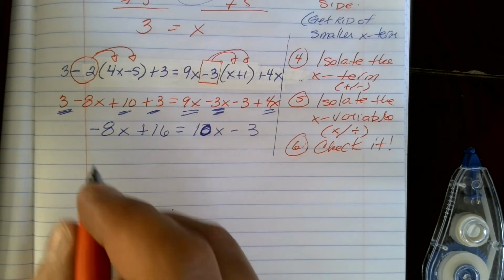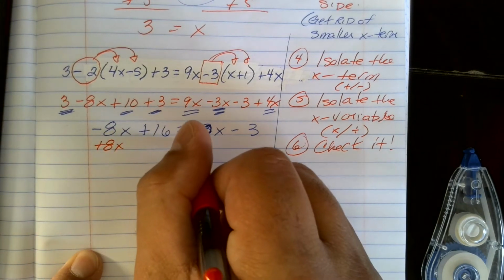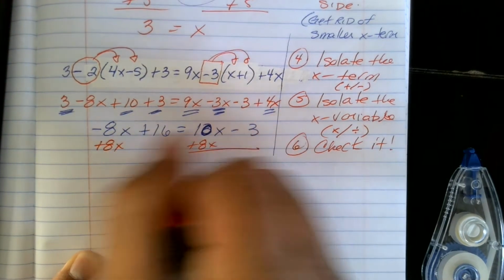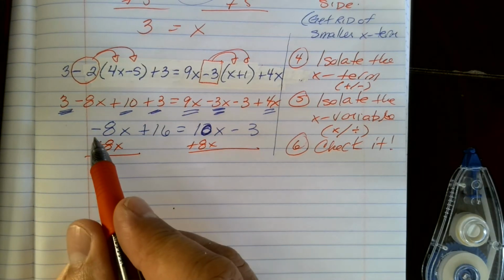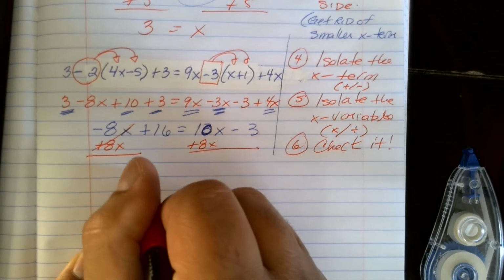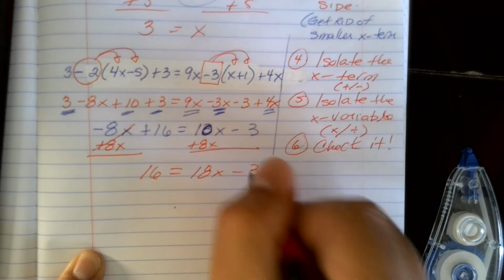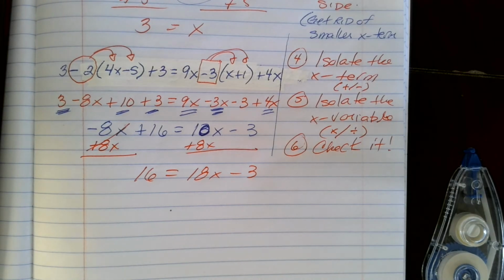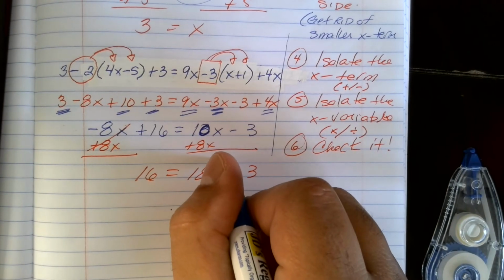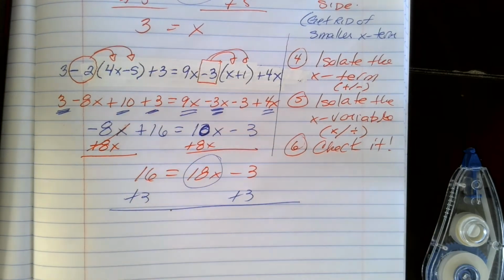Now I have x's on both sides of the equation. I like to get rid of the smaller one, so I'm going to add 8x. I'm adding because this is a negative 8, so I want it to negate. So it looks like I have 18x minus 3. I want to get my x term by itself, so I'm going to add 3 to both sides of the equation.